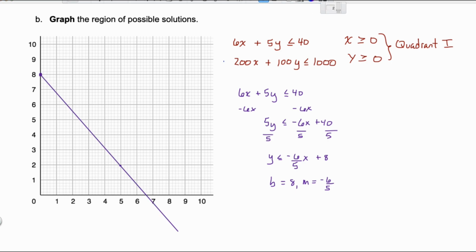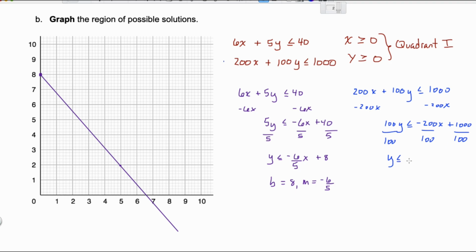So we go up 8 on the y-axis and then plot our slope. And then our second equation, same. We're going to solve for y and then determine our y-intercept and our slope. And we get a y-intercept of 10 and a slope of negative 2 over 1. I'm going to plot that.